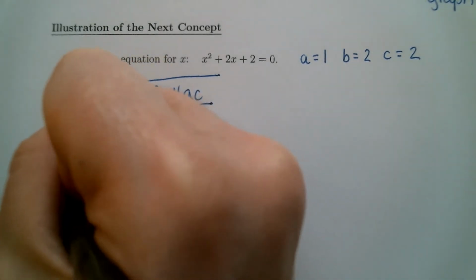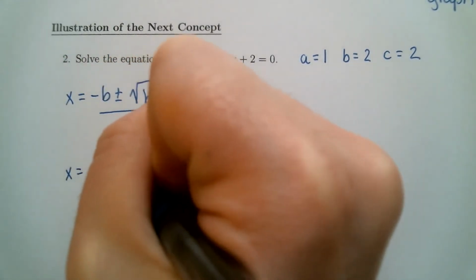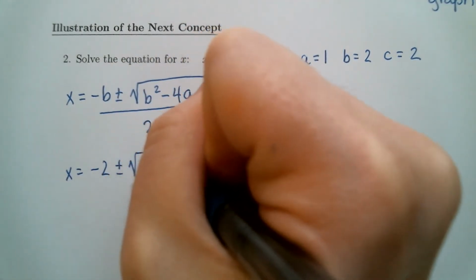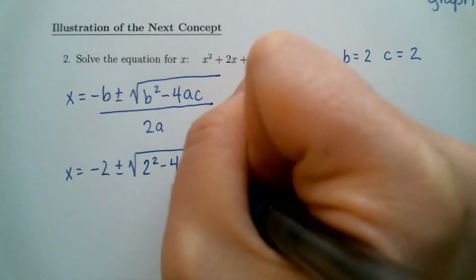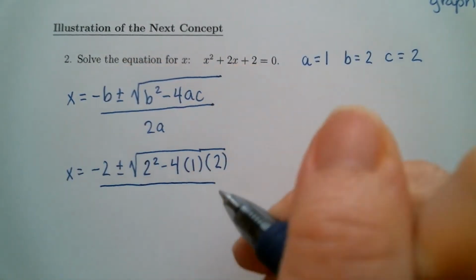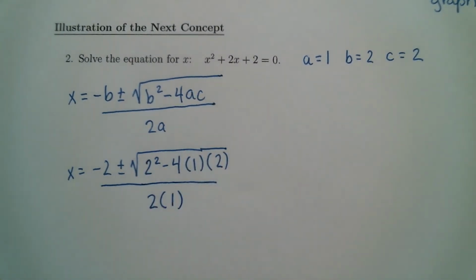Okay, so our x values are going to be negative 2 plus or minus the square root of b squared, so 2 squared, minus 4 times a times c, all over 2a. Okay, and now we're going to simplify this. Always start with what is under the square root.